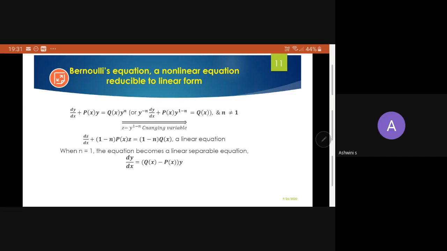It can be reduced to a linear equation as follows. We need to remember this: if you find an equation in Bernoulli's form, then you can always remember z is equal to y power 1 minus n and then proceed. That's all. So this is Bernoulli's equation.